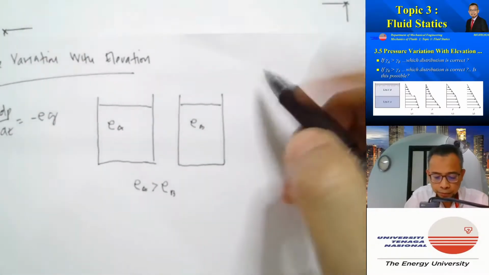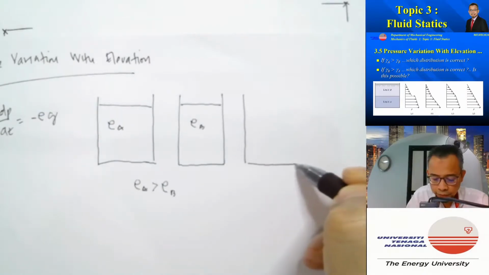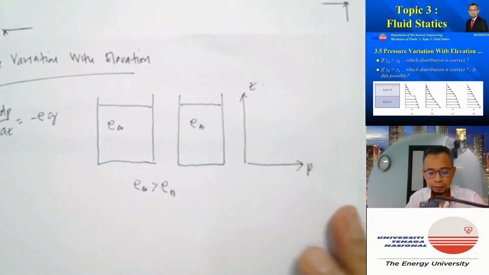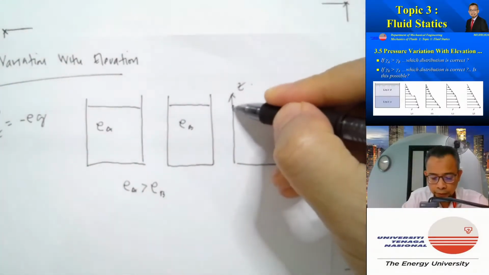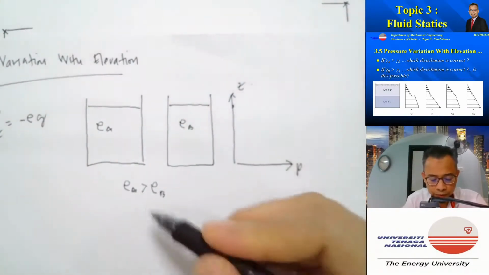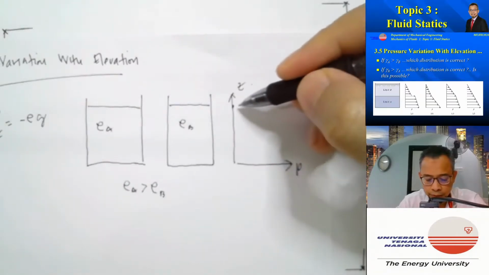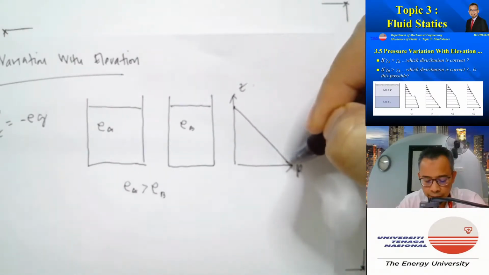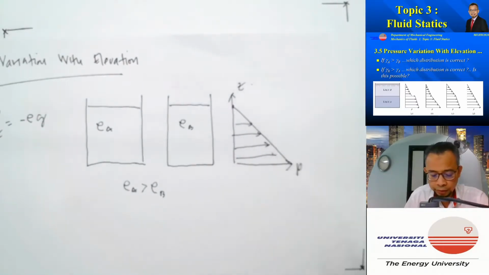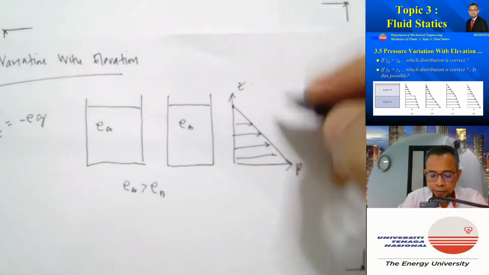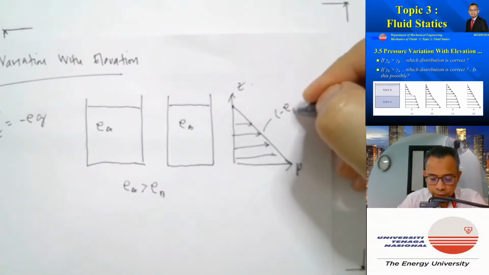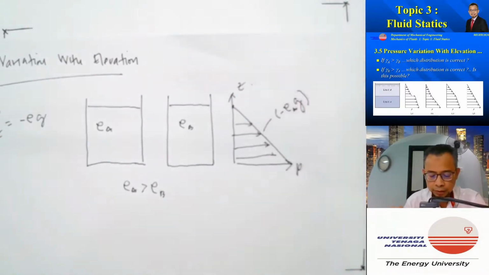If I were to draw the graph, this is pressure, this is Z. Let me draw the gauge pressure variation in fluid A, which is denser than fluid B. This is how pressure varies with Z, and the gradient will be equal to minus rho A g.